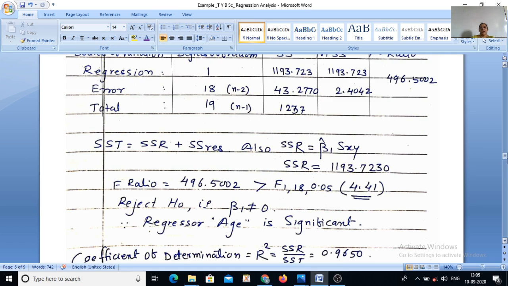In Google Classroom, I have shared certain notes, that is, prerequisites of matrices, or some corollaries and important results from matrices we are going to use for this particular topic, that is, analysis of multiple regression.